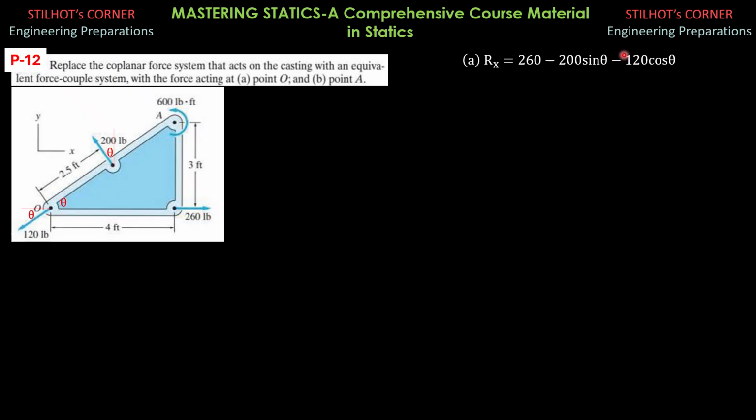Then minus 120 times cosine theta. Substituting sine theta 3/5 and cosine theta 4/5, Rx is 260 minus 200 times 3/5 minus 120 times 4/5. So Rx equals 44 pounds.